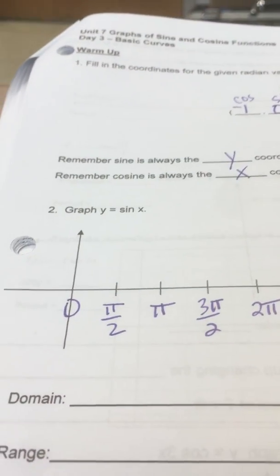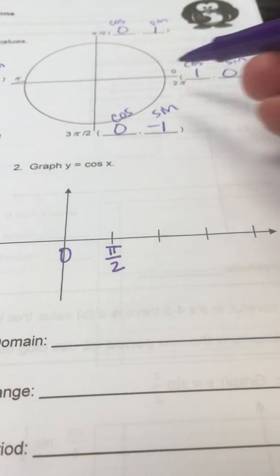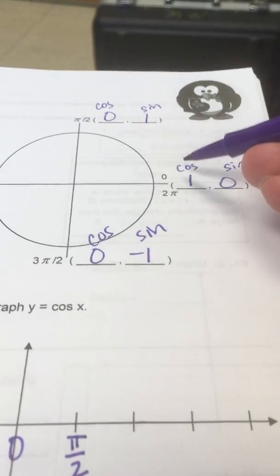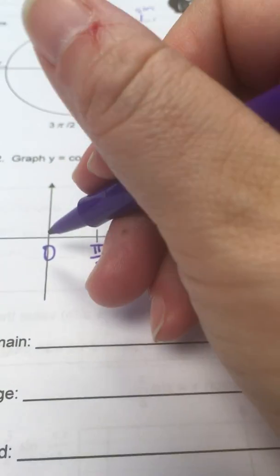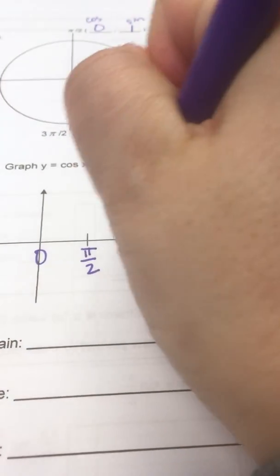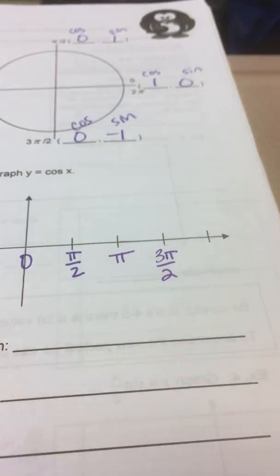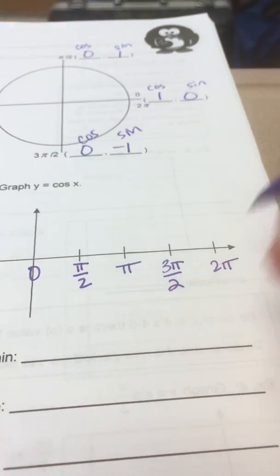And we're going to do the same thing for the sine and the cosine graph. So over here on the cosine, I'm again going to have 0, pi over 2, pi, another key point, 3 pi over 2, and 2 pi. I'm looking at what the cosine value is doing at each one of these points.